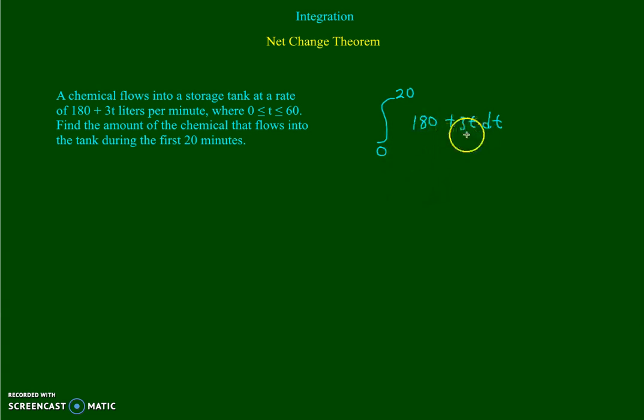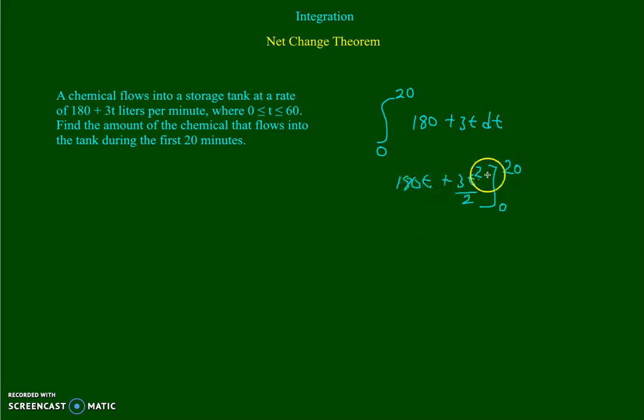So we would go ahead and evaluate this, and we have 180t plus 3t squared over 2 evaluated from 0 to 20.